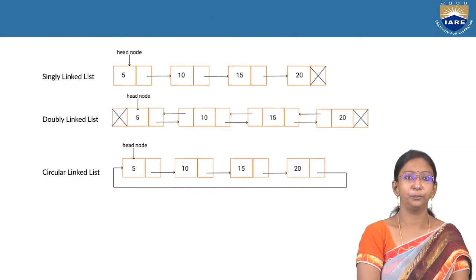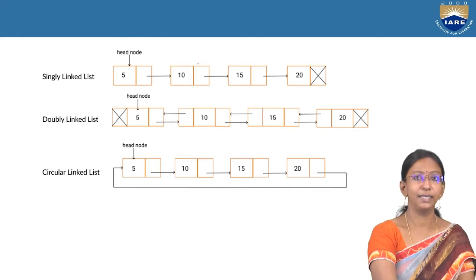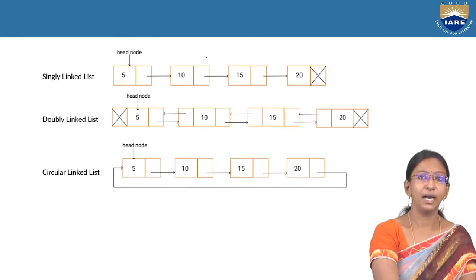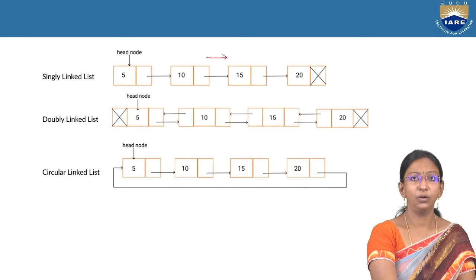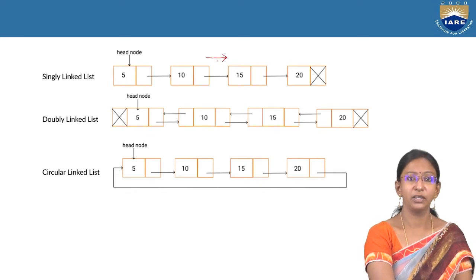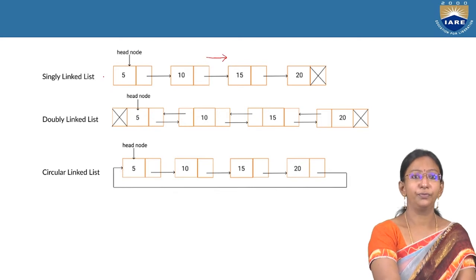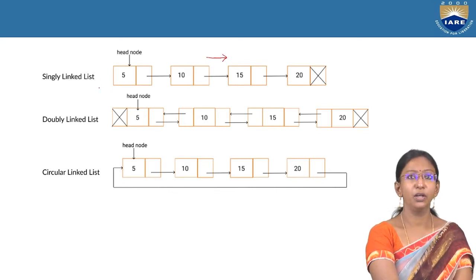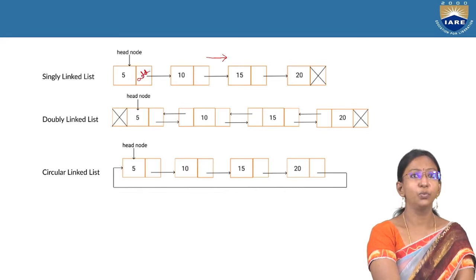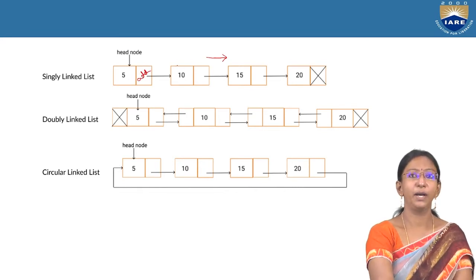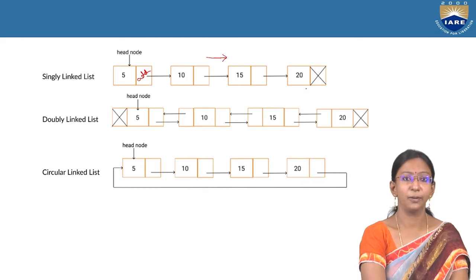So let me explain these three categories with a small picture. Have a look at this one. The first one, single linked list. You can see that we can run only in one direction, that is the forward direction, right? Starting from the first node, with the address of the next node in its hands, we can take a hop and move only in the forward direction.